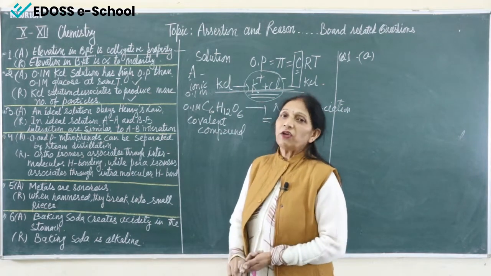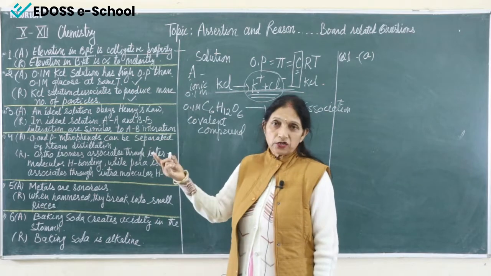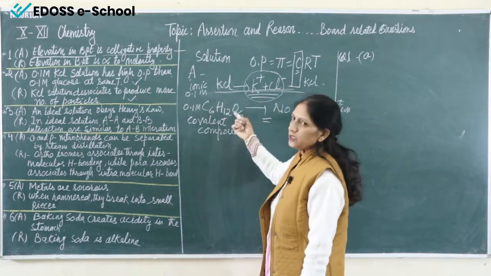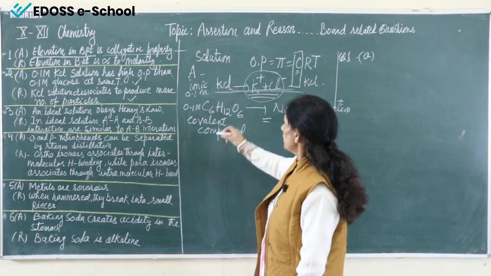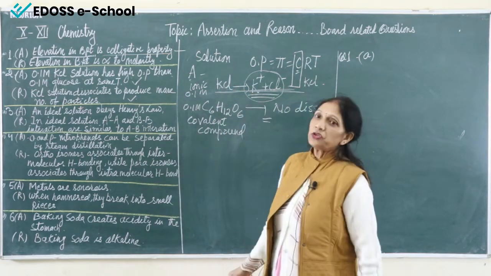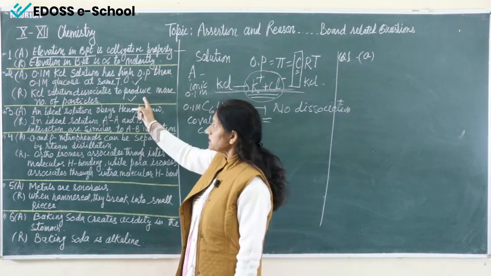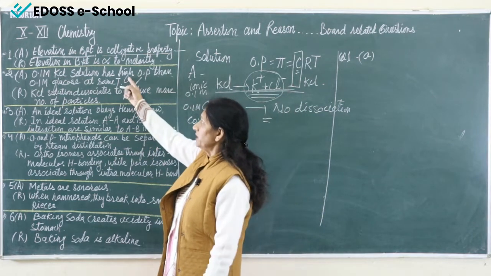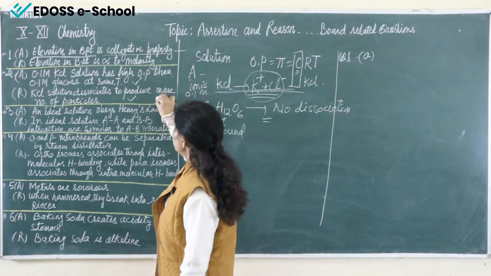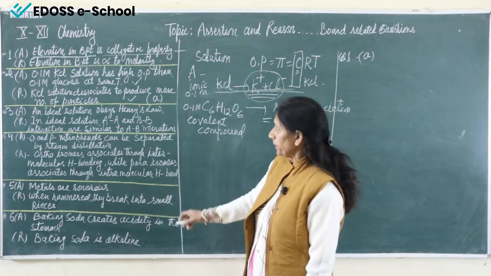Now the third thing that we have to find is whether this reason is related to the assertion or not. We can see here that both the assertion and the reason are talking about the dissociation of KCl. That means this reason is the correct explanation of the assertion. So the answer will be option A.